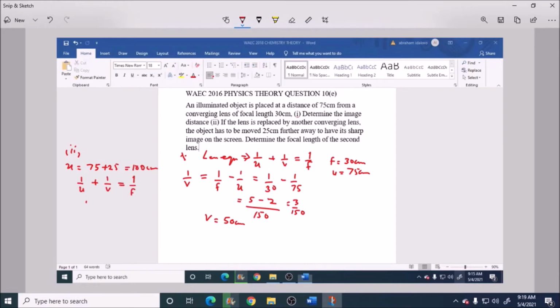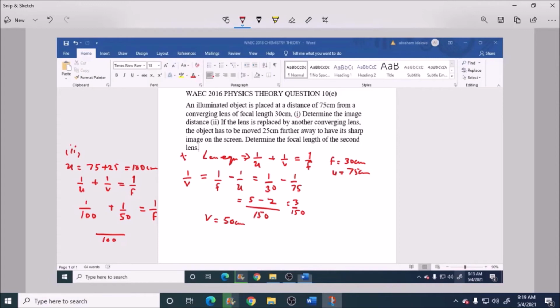So we have 1 over 100, which is the object distance, plus 1 over 50, the image distance, and then we are to find the focal length. So if you solve this problem, let's find the LCM. This is 100, so we have 1 plus 2, which will give us 3 over 100, which is equal to 1 over f.